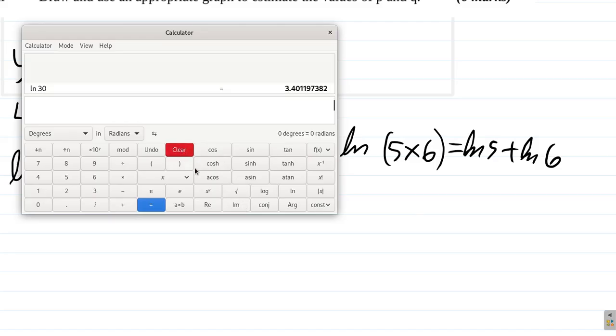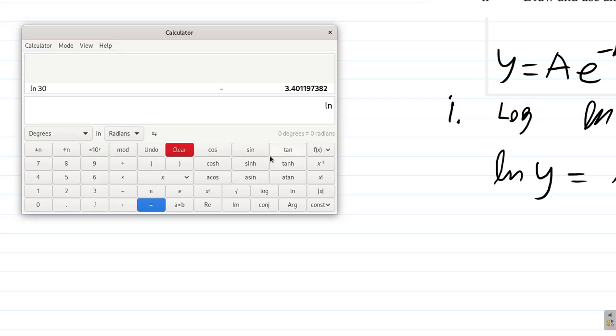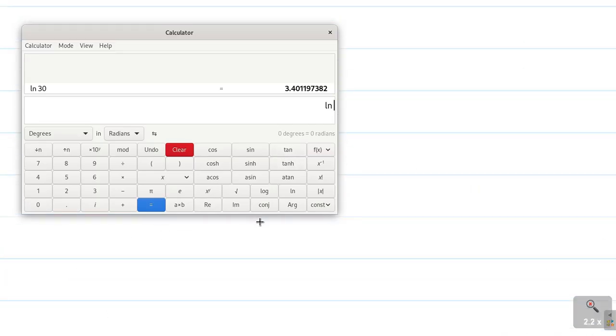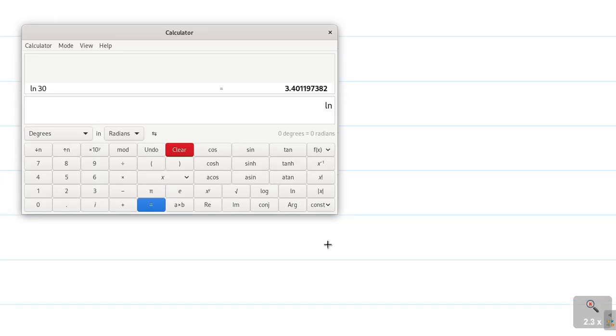Alright, so let us find ln 5. Oh no, something here. The thing jumped. Why is it jumping all over the place? Something is wrong here. Having some technical issues.